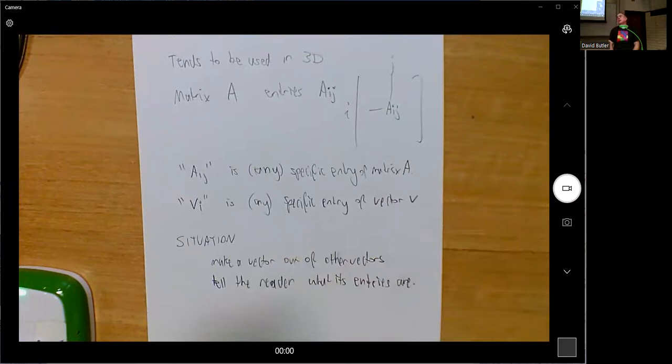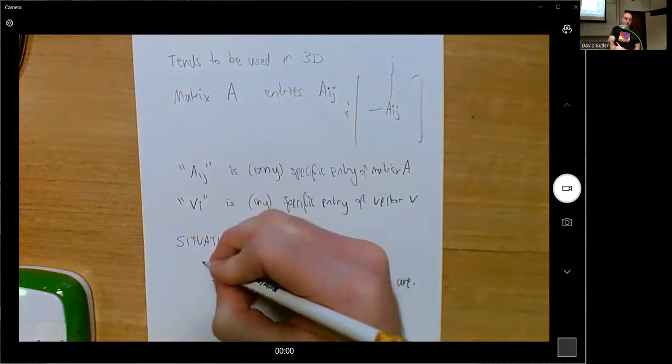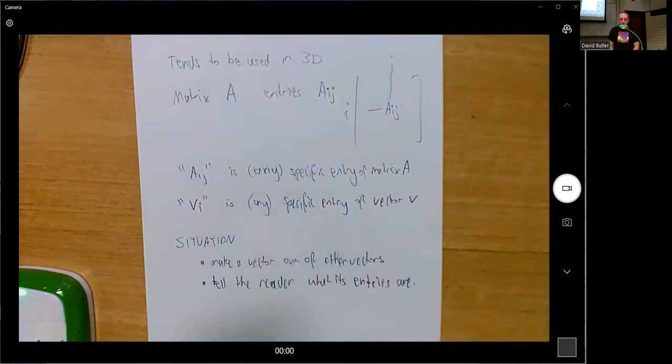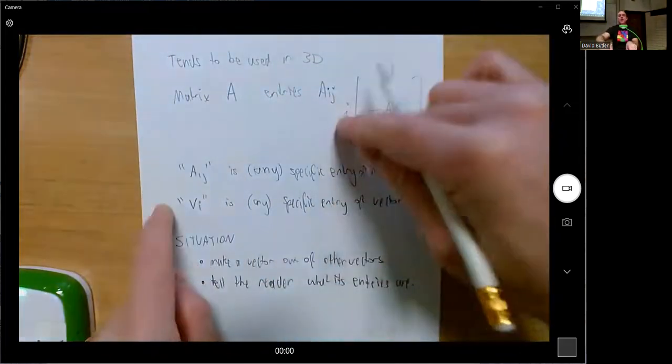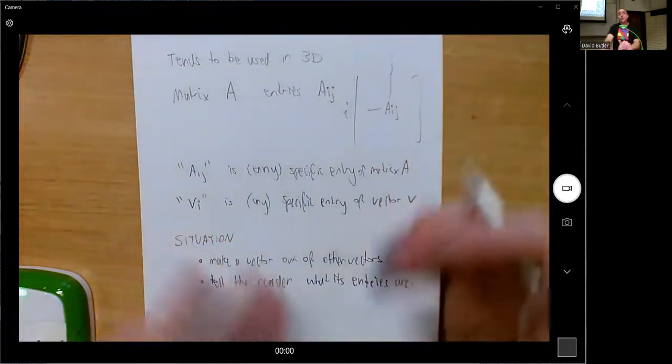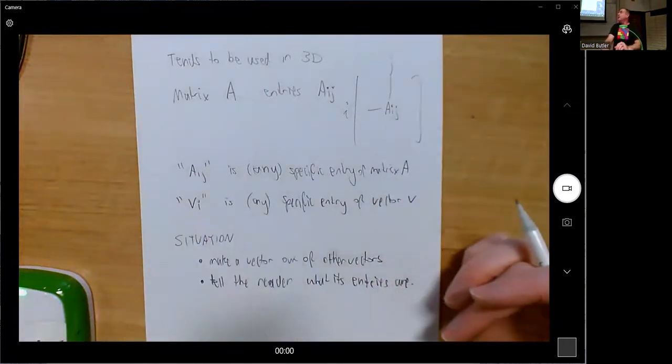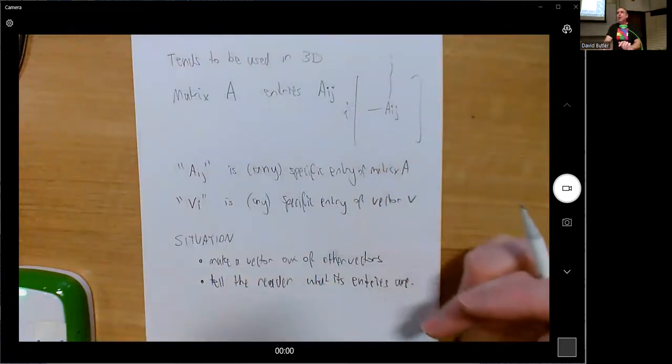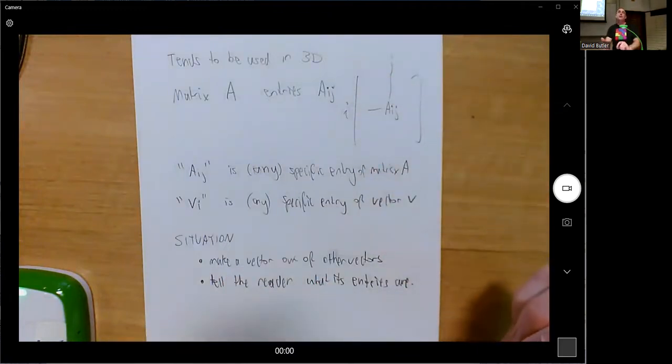And many of the operations that act on things like vectors and matrices involve sums. When you do matrix multiplication and you figure out a specific entry, you take the row of this one and the column of this one, you multiply the matching bits and you add them up. That add-them-up bit is a really common part of doing operations on matrices and vectors. It's so common that we're not even going to write it down as a sum. We're going to assume that there are sums involved.